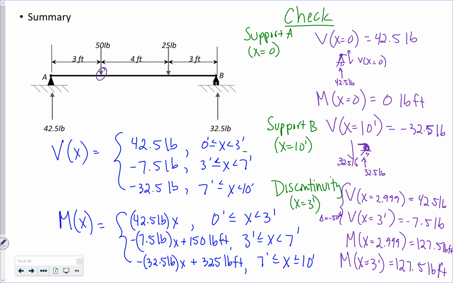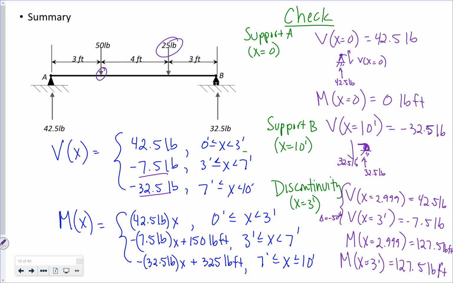And you can do the same thing, just for your sanity check, at x equal to 7 feet using the second two sets of equations. You see 32.5 minus 7.5, well that's 25 pounds. Yep, because you applied a 25-pound load. The difference is 25 pounds.